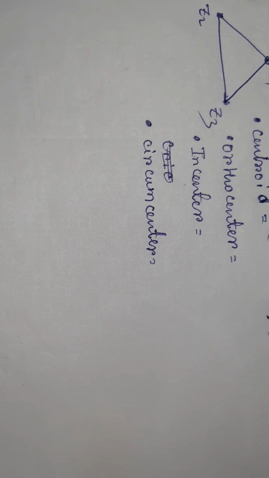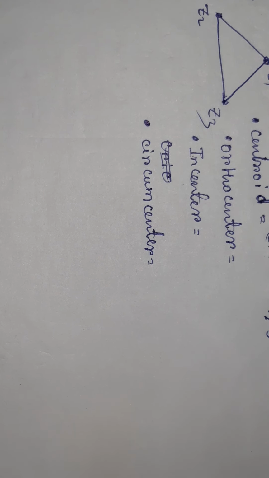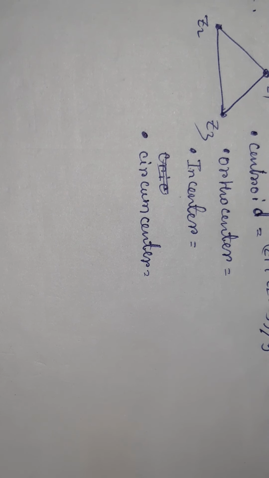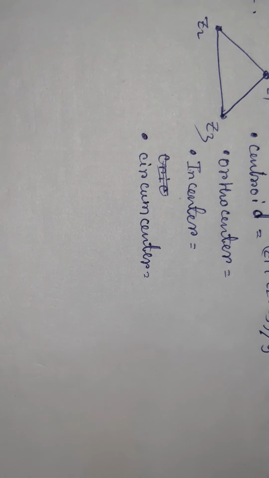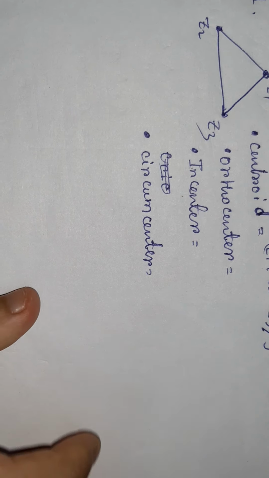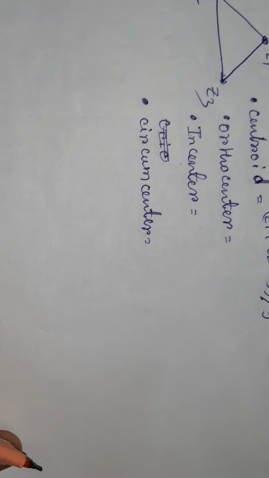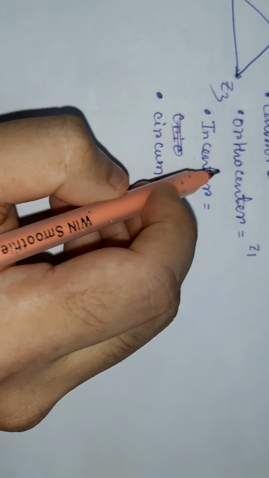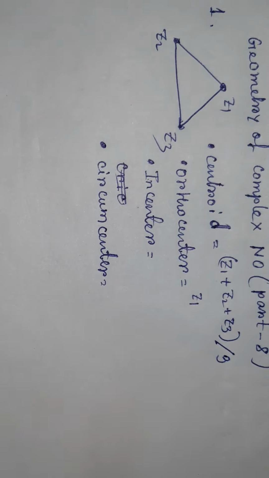And what is the coordinate of the orthocenter of this triangle with the coordinates z1, z2 and z3? It is nothing but z1, and we can name the angles.